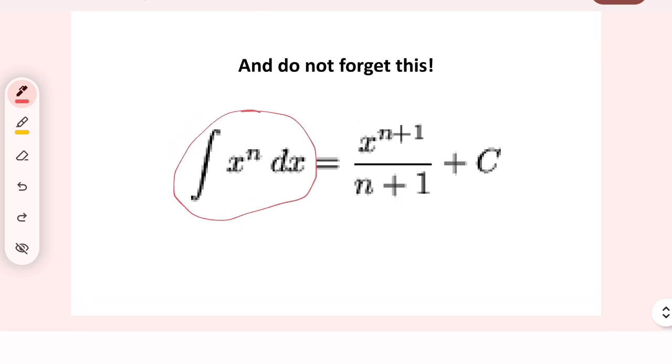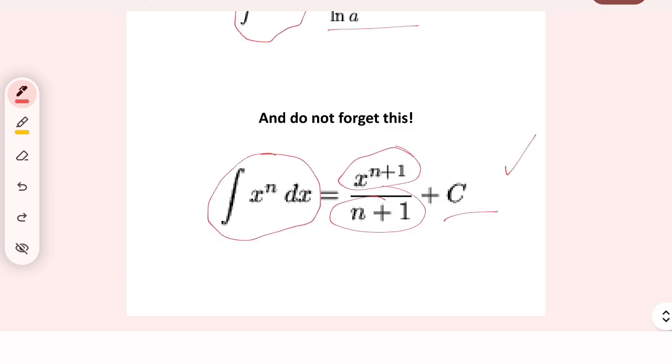What's the integral of x to the power n dx? It is x to the n plus 1 over n plus 1 plus, of course, the constant c. This is very common. The integral of x to the n dx is x to the exponent plus 1 all over the exponent plus 1 plus c.